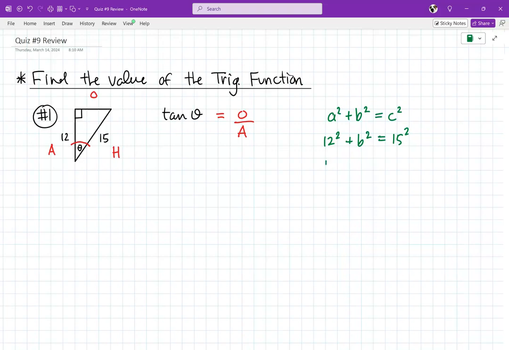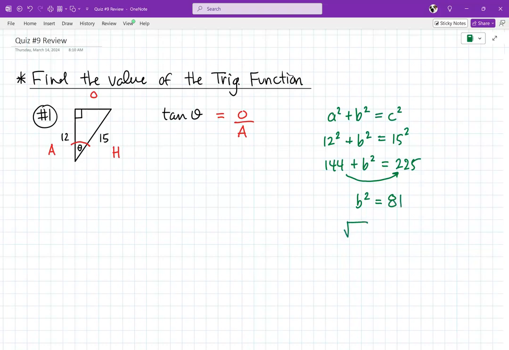So 12 squared is 144 plus b squared equals 225. Now, if I subtract 144 over to the right side, remember when you move it from one side to the other, it changes sign. So b squared equals 225 minus 144, which is 81.